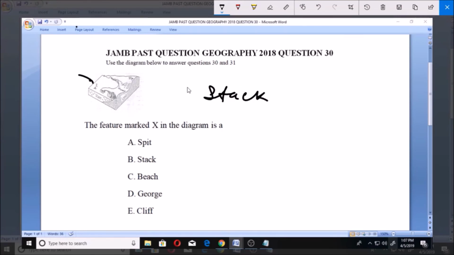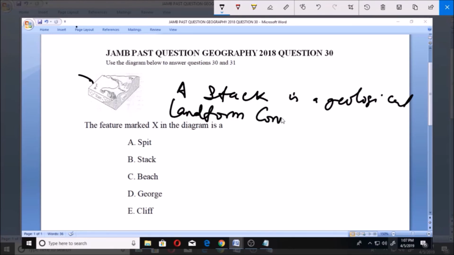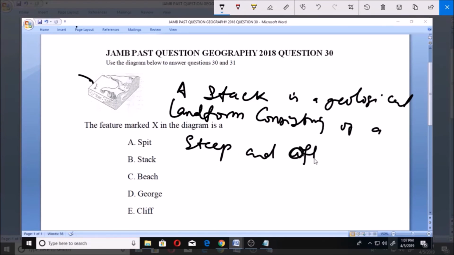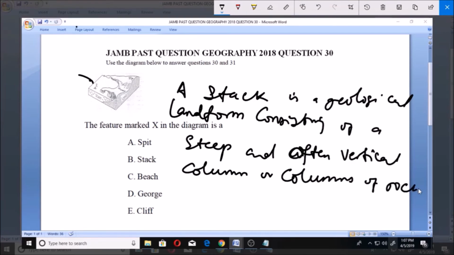Because we know that a stack is a geological landform consisting of a steep and often vertical column or columns of rock in the sea near a coast. That is what a stack is.